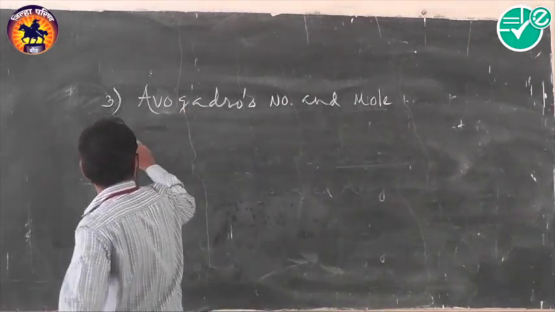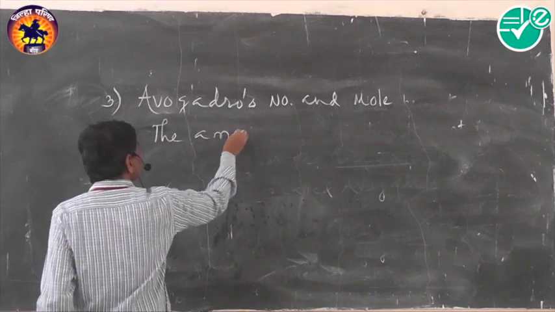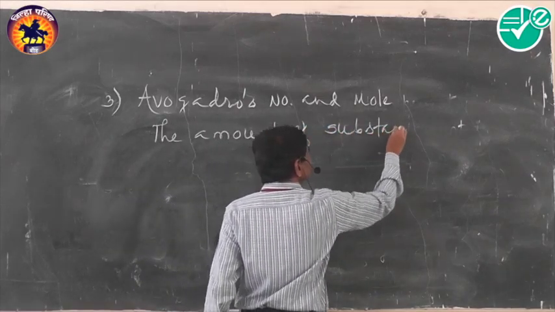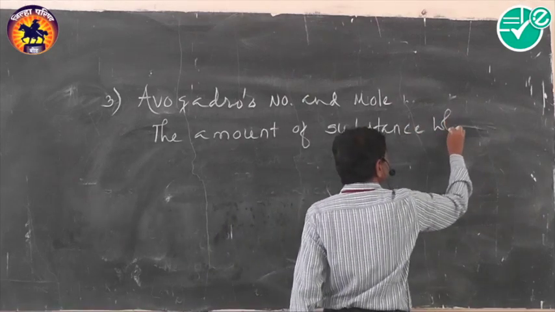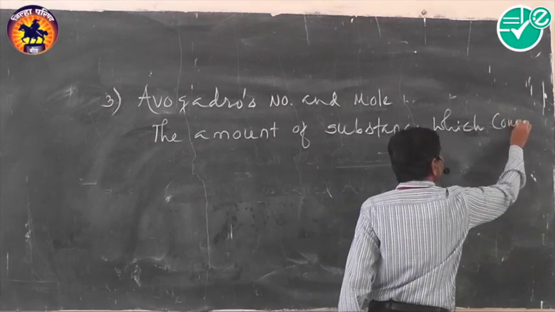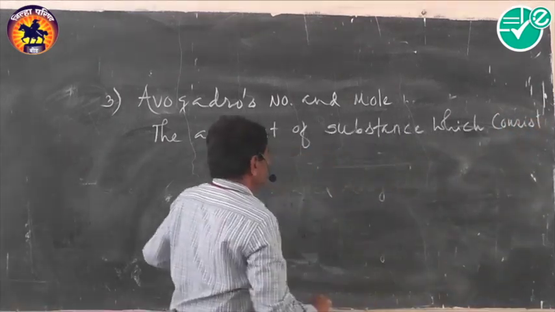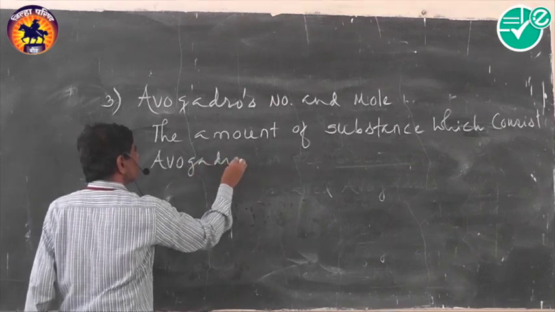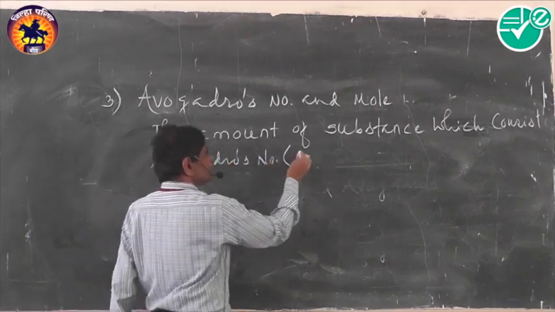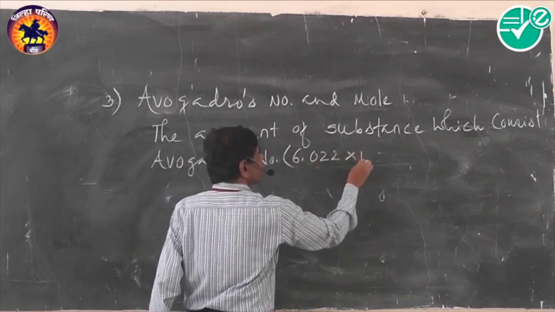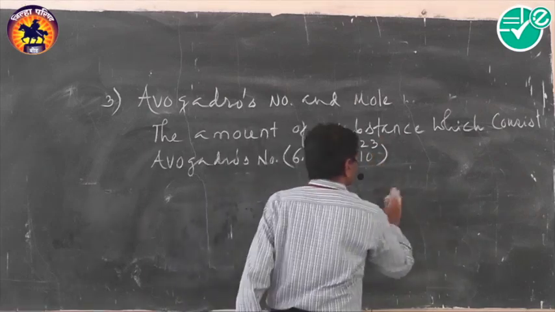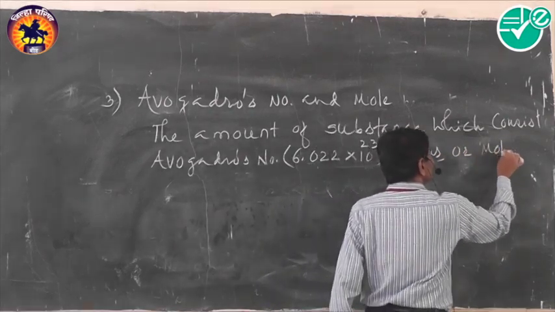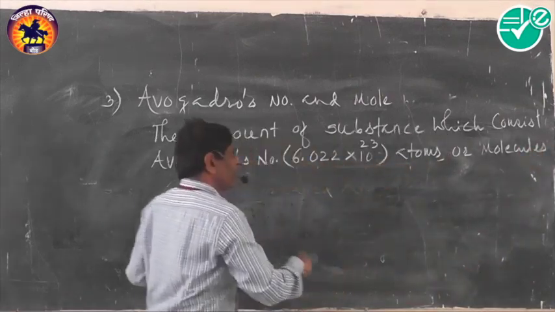And so the third concept of mole: the amount of substance which consists of Avogadro's number, that is 6.022 into 10 raised to 23 atoms or molecules or ions.